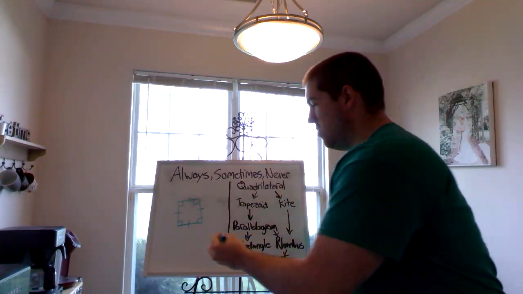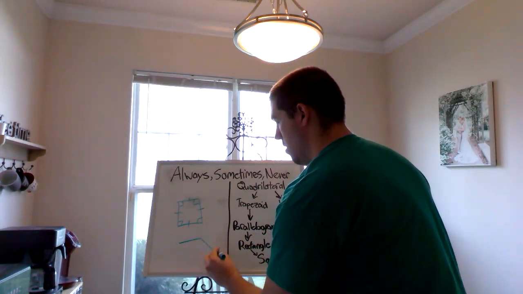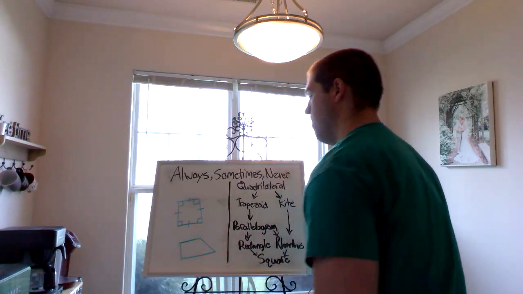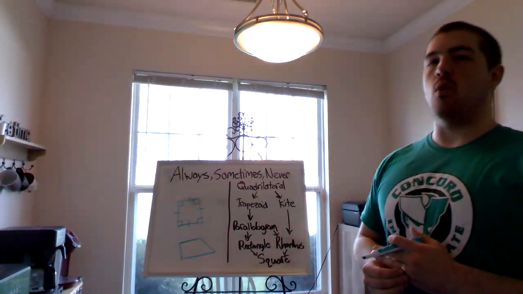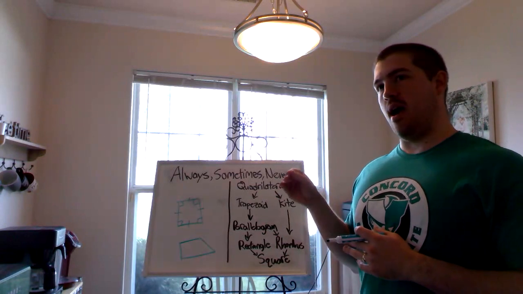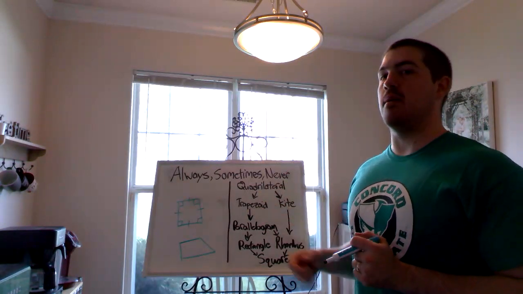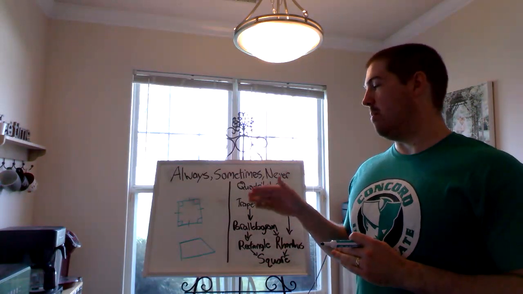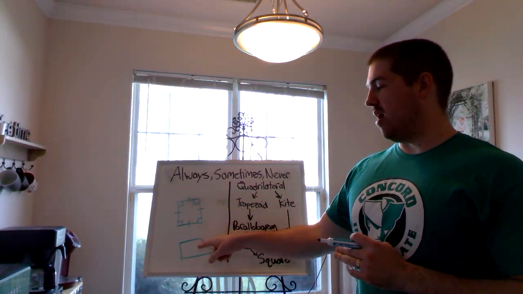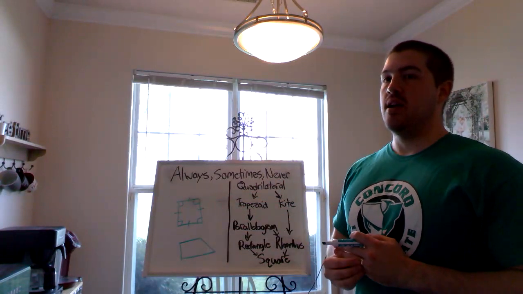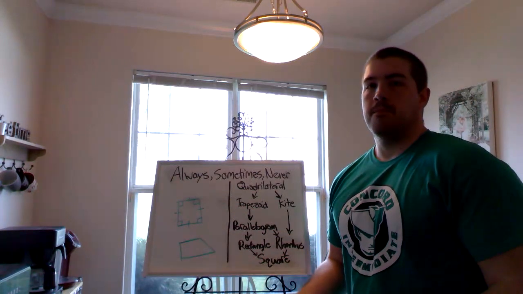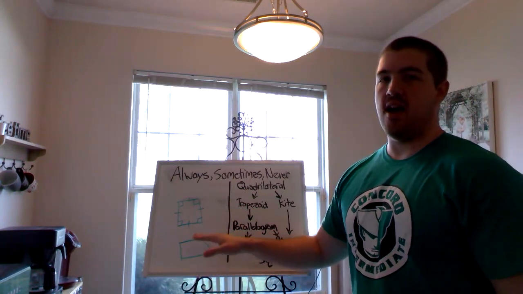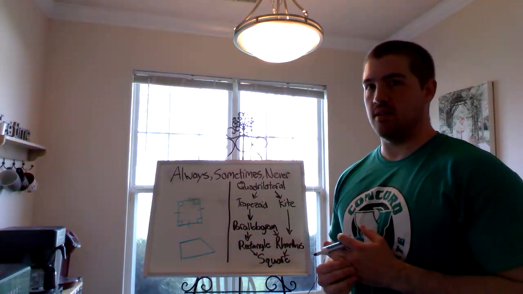Now let's talk about a trapezoid. A trapezoid has 1 pair of parallel sides. Is a square ever going to be a trapezoid? Well, if we apply the properties of a trapezoid to a square, it's never going to happen, because a square can never have less than 2 pairs of parallel sides.